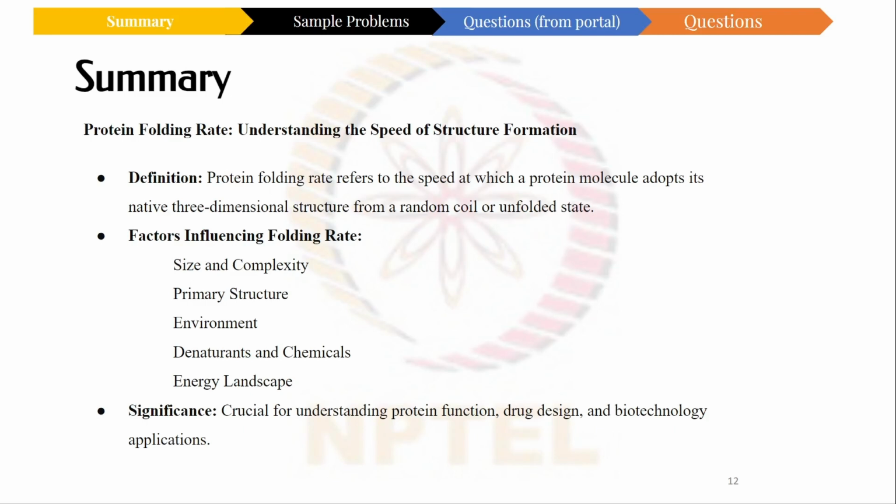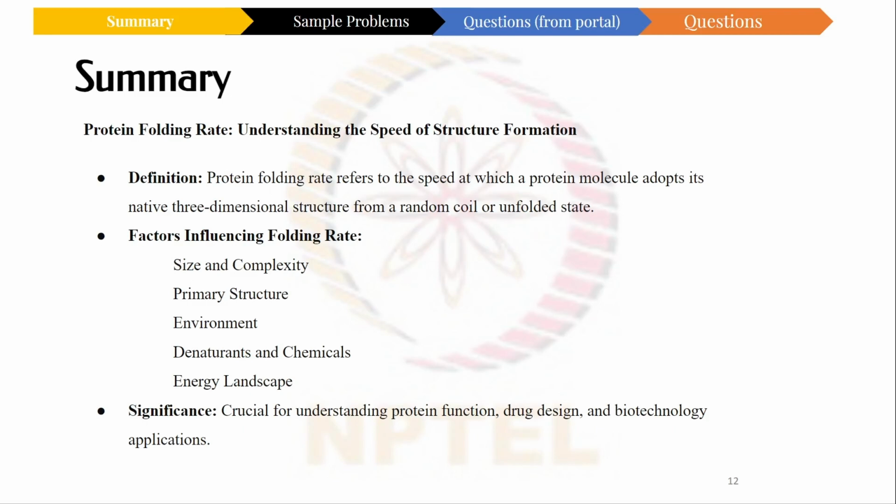The surrounding environment, including factors such as temperature, pH, ionic strength, and presence of other molecules, can significantly affect the protein folding rate. The optimal conditions for protein folding vary depending on the specific protein. And we have other support proteins like chaperone proteins, which assist in protein folding by preventing misfolding and aiding in the correct folding pathway.